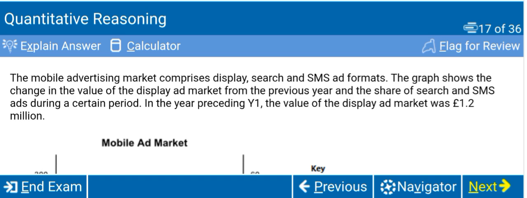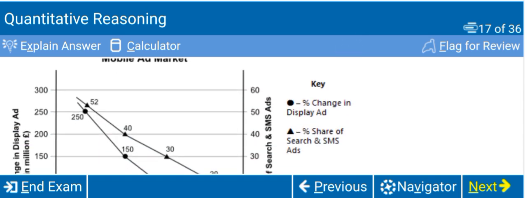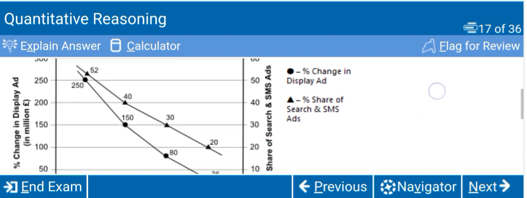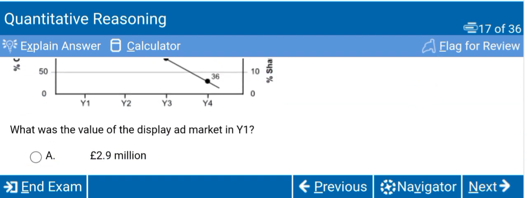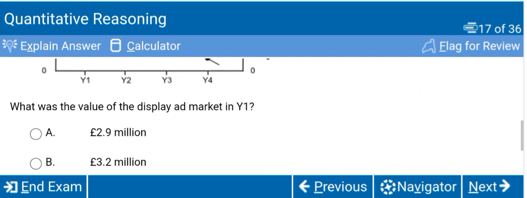In the year preceding year 1, the value of the display ad market was 1.2 million pounds. So here we have this chart graph, you can see, with the values mentioned in it. And the question is, what was the value of the display ad market in Y1?